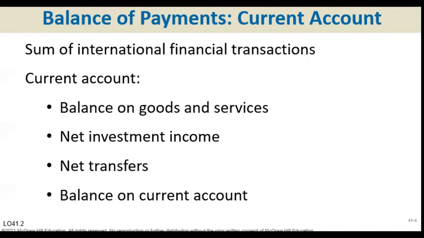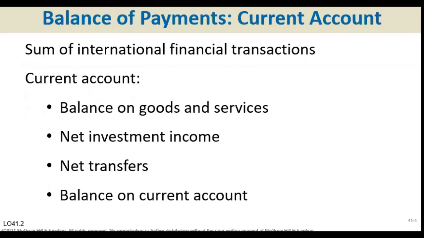For example, in 2015, the balance of goods was negative 760 billion, which represents a trade deficit. But when you look at services, there was a surplus of exports over imports, leaving a positive balance of 219 billion.